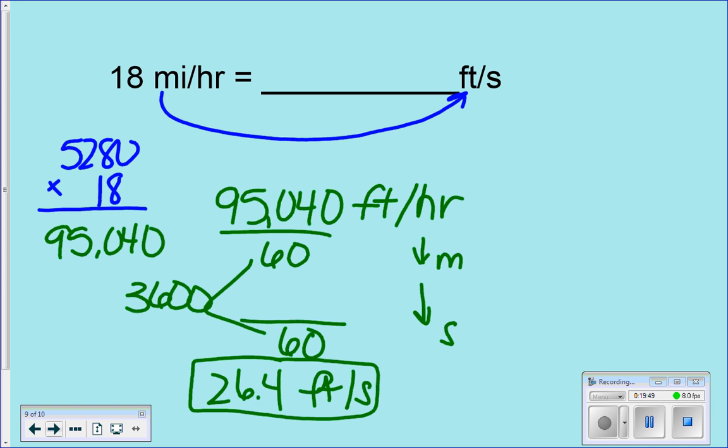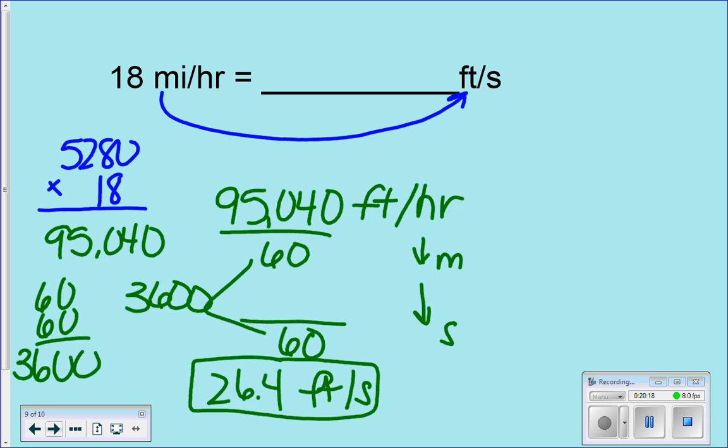Did you do 60 and then 60 again? I was just wondering. Because what's 60 times 60? That's why. There's your error. That's not a big deal. That's easily fixed. Yep. If you're going from hours to seconds, yes. But if you're just going from hours to minutes, you're just going to use 60 because you don't need that extra 60 in there.